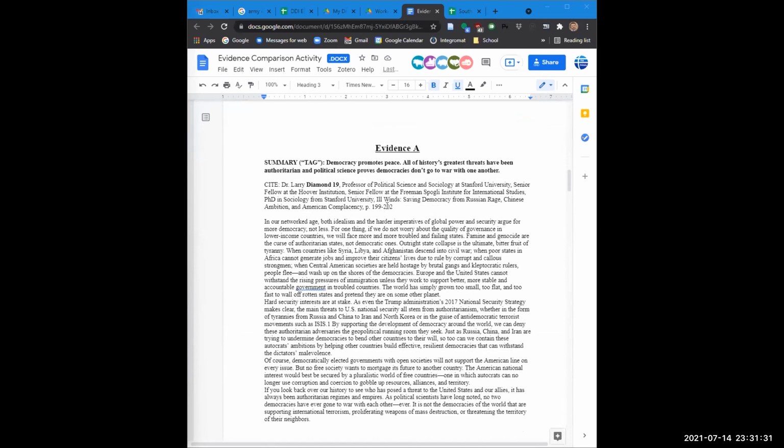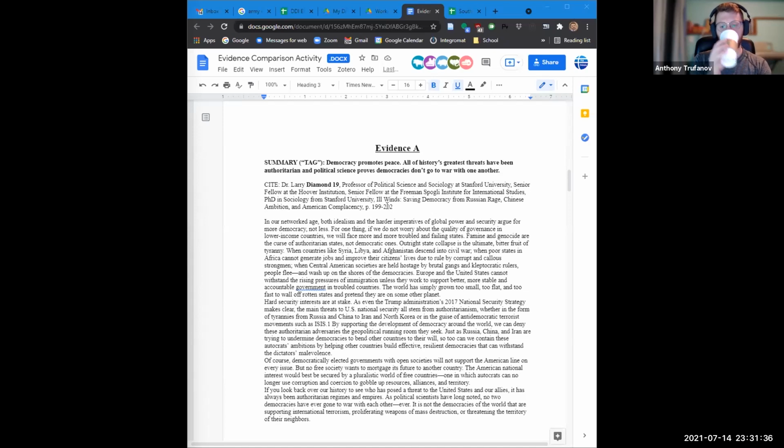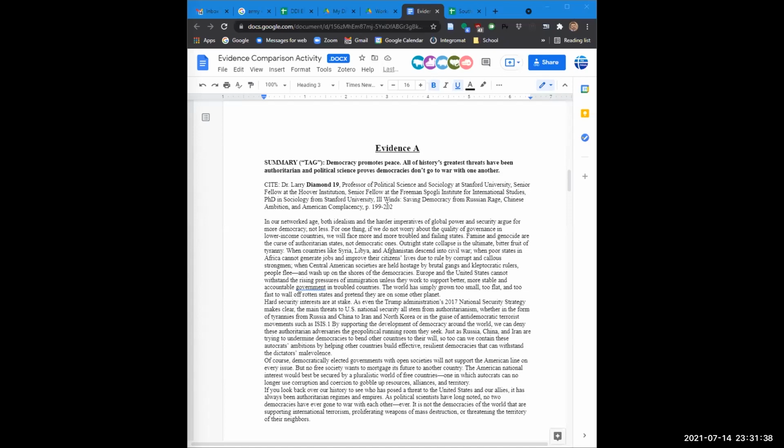Okay, so our group can go first. Sounds good. Let's hear it. We are group 6. Our claim is evidence A is better than evidence B. If you look at evidence A, it has a lot of examples, so it makes its claim more convincing.